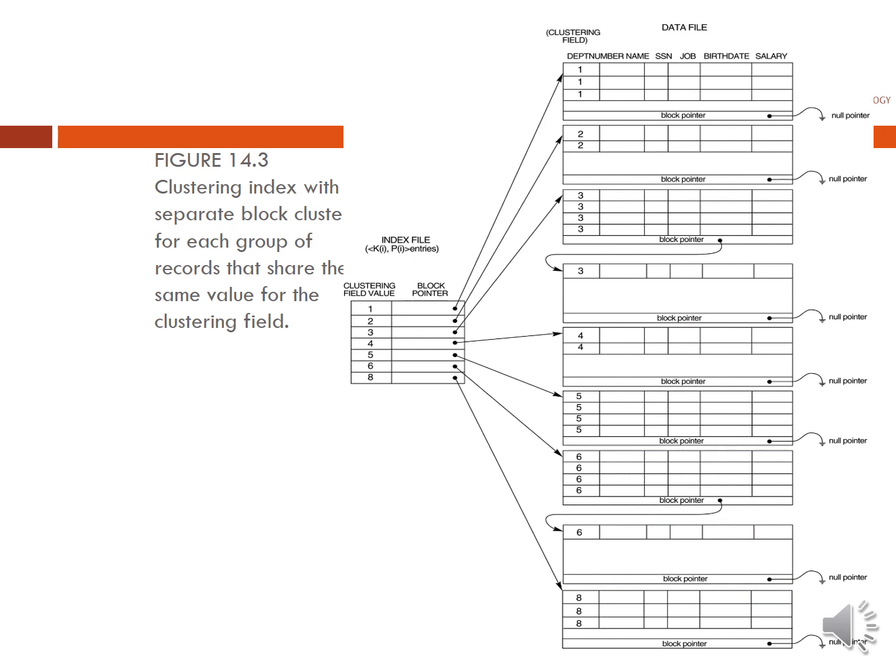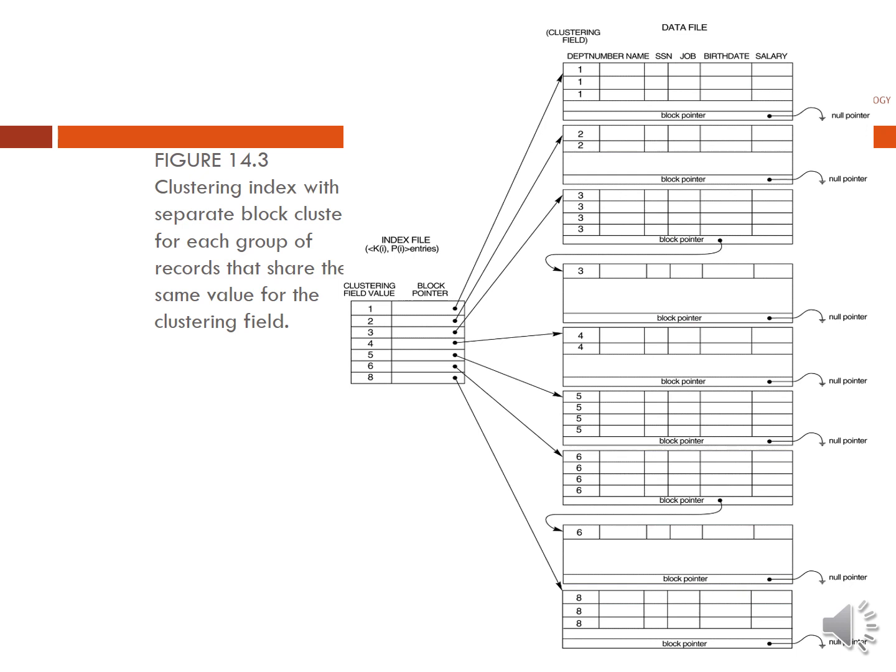This is another variant, known as clustering index with separate block cluster. For each cluster we will have a separate block. For the first there are 3 entries, and the 4th I have left blank, and the block pointer will point to the null pointer. For the second there are 2 entries, the rest 2 I have left blank, and the block pointer will point to the null pointer.